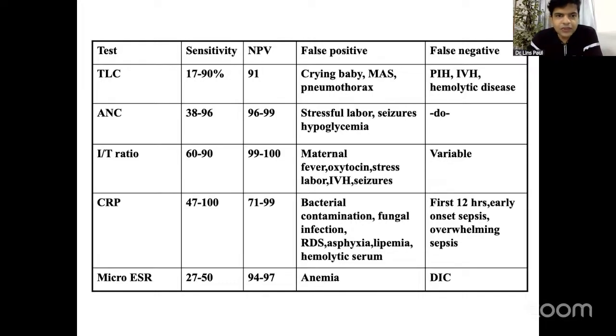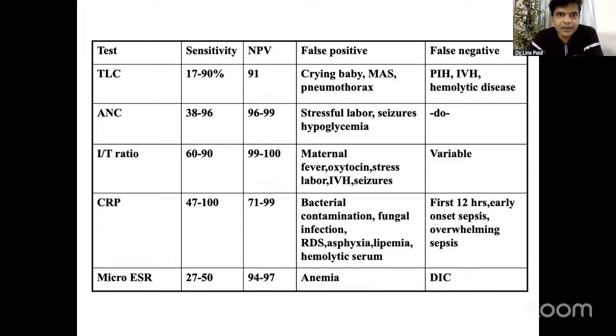If the sepsis screen is positive, we can't say it is purely due to sepsis. But if the sepsis screen is negative, you can definitely tell it is not sepsis. That is the crux of negative predictive value and sensitivity. The highest sensitivity and negative predictive value in this sepsis screen is for the CRP and the IT ratio.